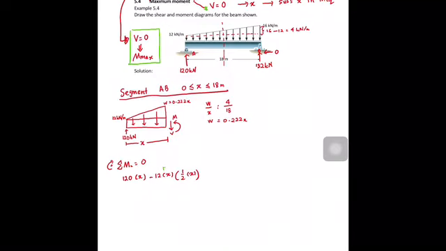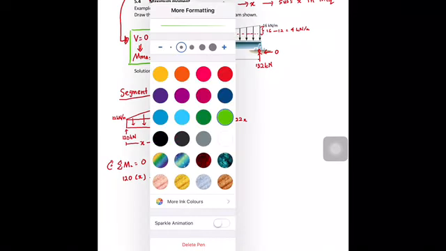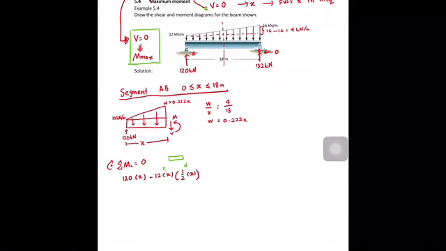This is your force, this is your distance, this is for UDL, and then minus 1 over 2 times 0.222x times x times the distance 1 over 3 times x minus Mx is equal to 0.